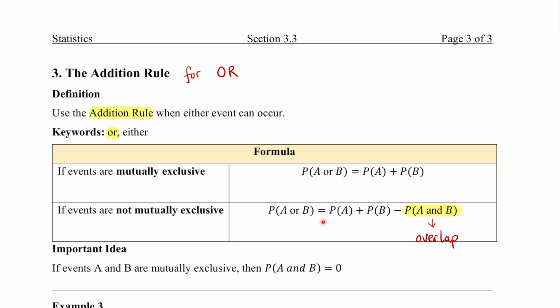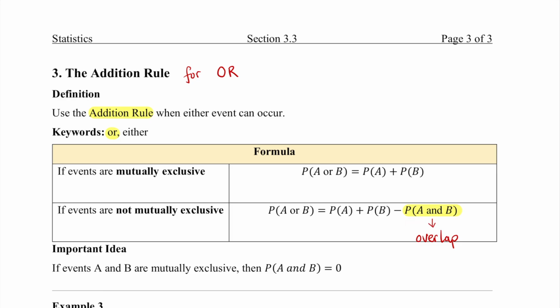When we add probability of A and probability of B, any outcome that belongs to both events gets counted twice. Subtracting the overlap removes that double counting and gives us the correct probability. As we work through examples, pay close attention to whether overlap exists. If the events cannot occur together, simply add. If they can occur together, add and then subtract the overlap.